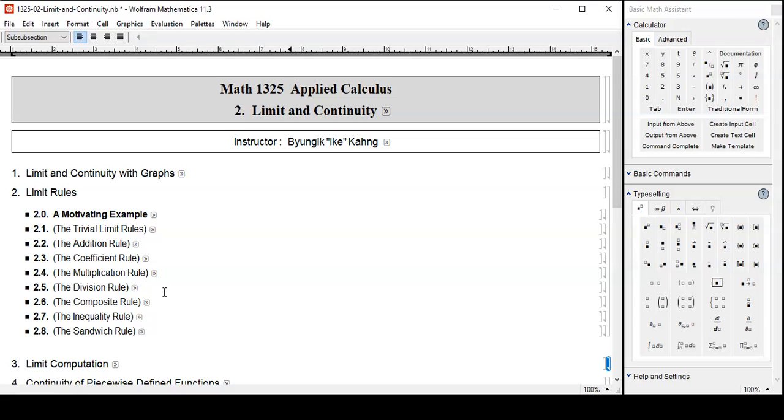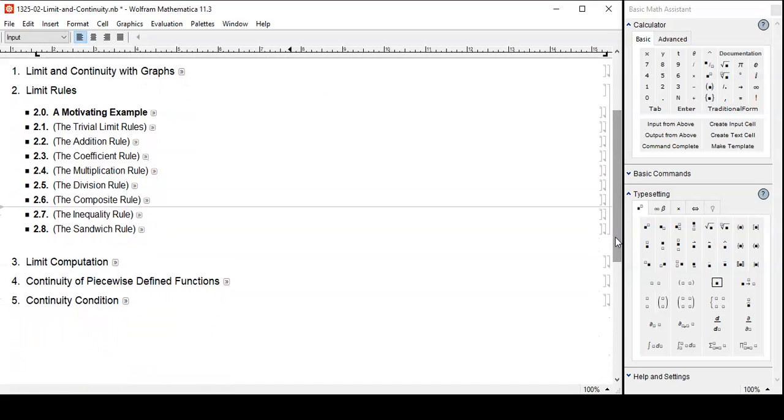All right, we have two more limit rules, and these two are relatively less important. More important for trigonometry-based calculus courses, such as the calculus courses that electrical engineers are taking.